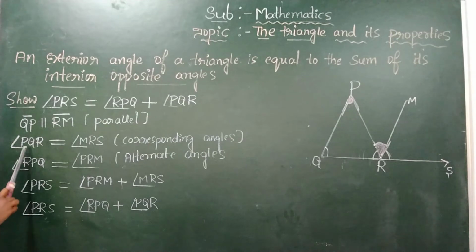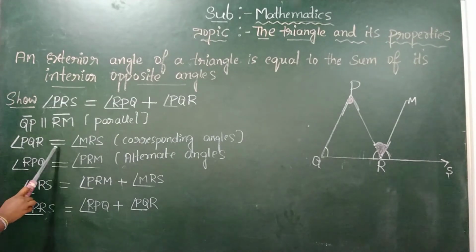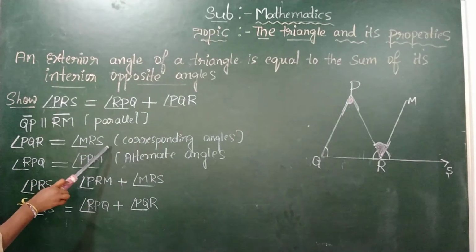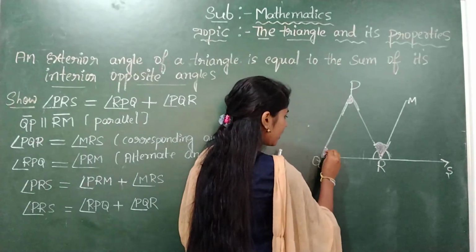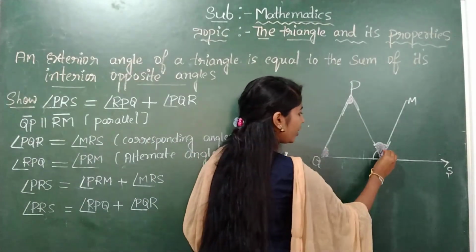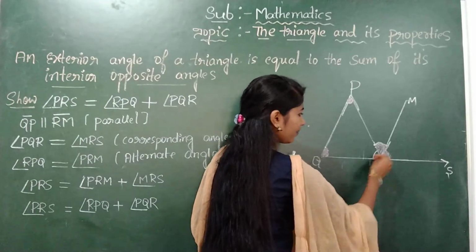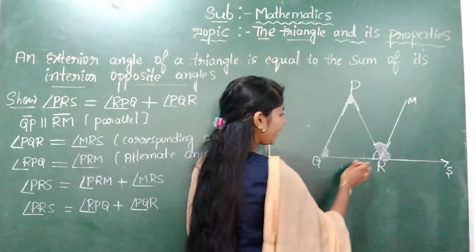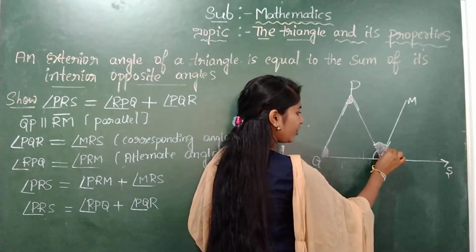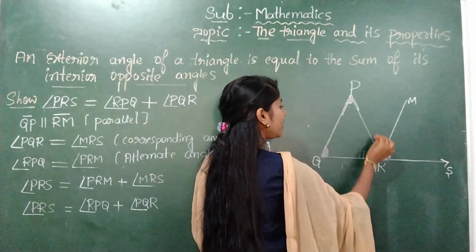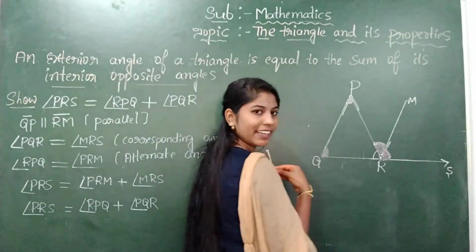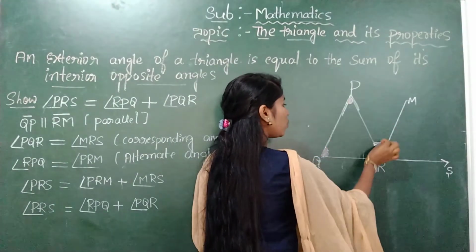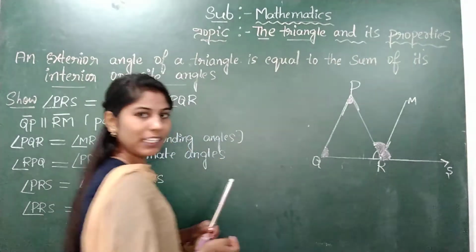So PQR equals MRS because they are corresponding angles. This angle is corresponding to this angle. Are you agree? And this angle is alternate to this angle. So these two corresponding angles are equal and these two alternate angles are equal.